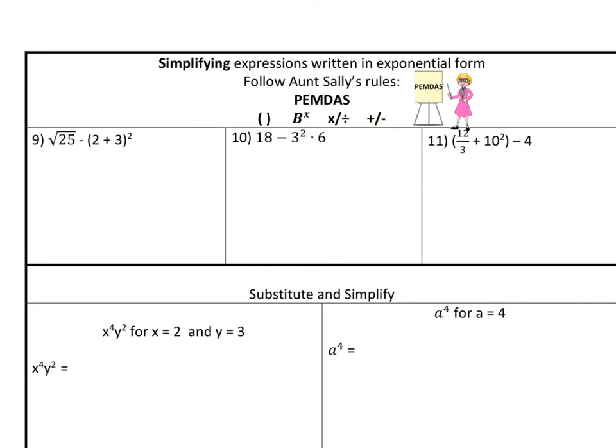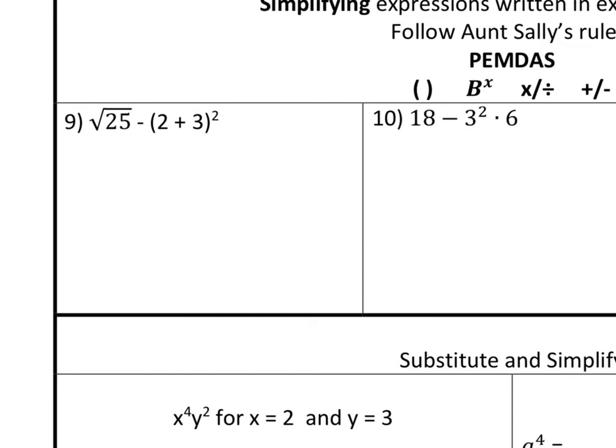So let's take a look at example 9. We can't add or subtract anything because we don't know what some of these numbers are. So we can rewrite the square root of 25 as 5 minus 2 plus 3, we're going to put in parentheses, and that's also 5, and we're going to square it.